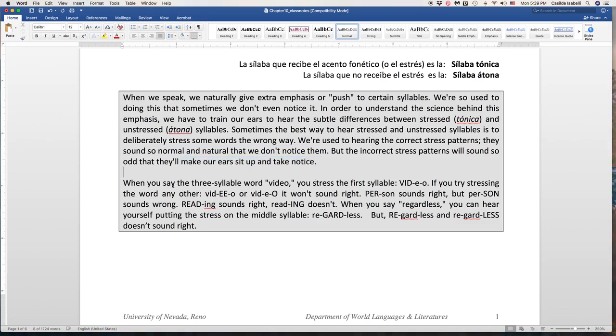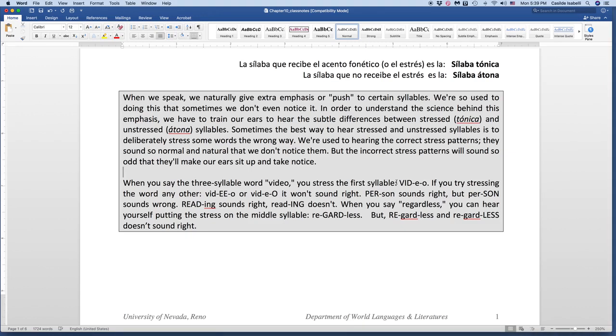For example, when you say the three-syllable word video, you stress the first syllable: VIdeo. And if you try stressing the word any other way, viDEo or videO, it won't sound right. Same with person. We say PERson, which sounds right, but perSON sounds wrong. REAding sounds right, whereas reaDING doesn't.